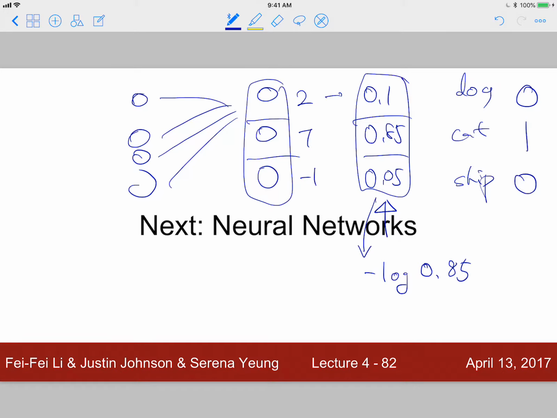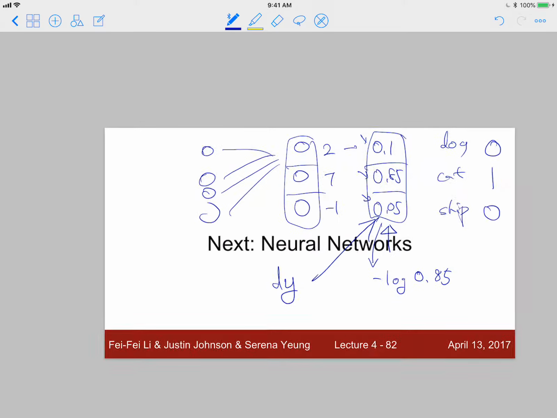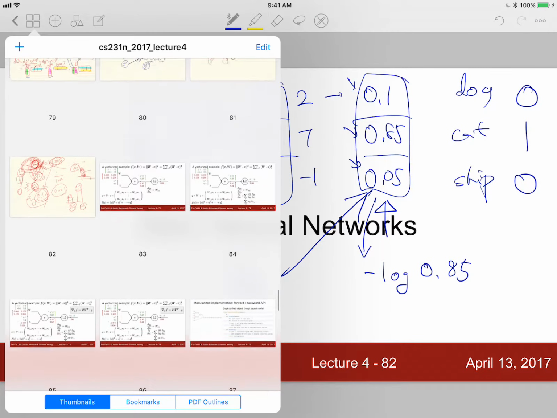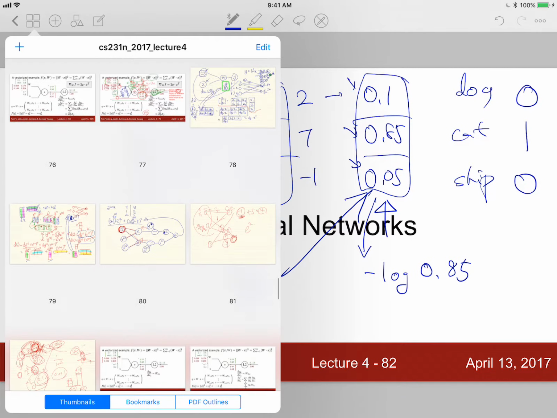Okay, and then if you derive the gradient with respect to each of our softmax probability values, what is the gradient? Suppose this, let's call it a vector y, okay? And then what is dy? What is dy? So just like the fully connected layer that we saw, okay?